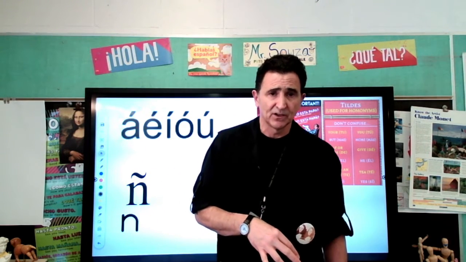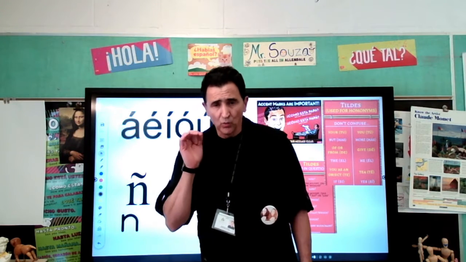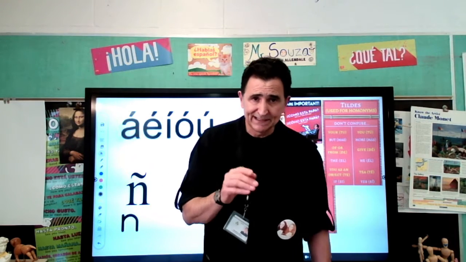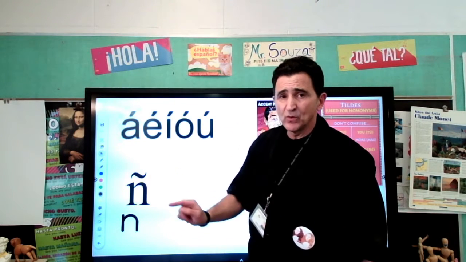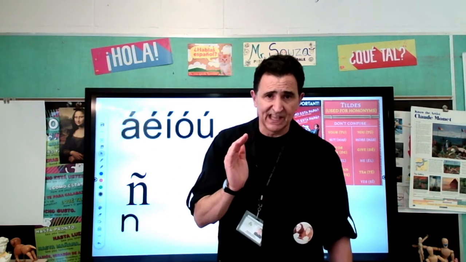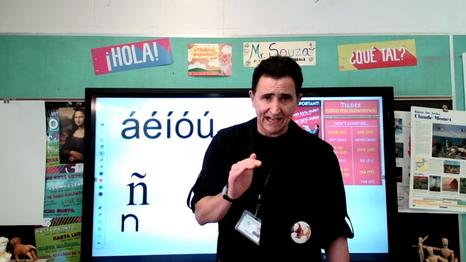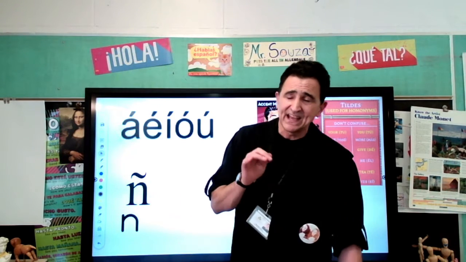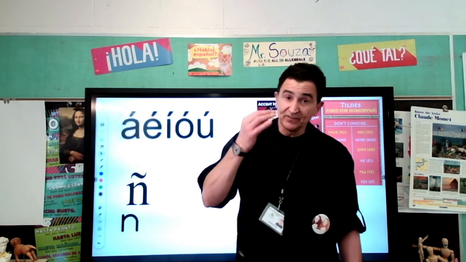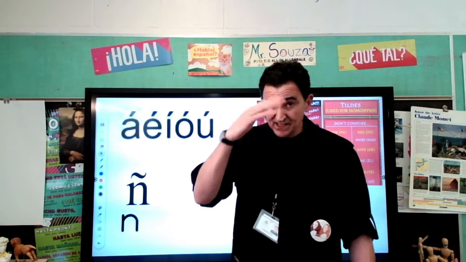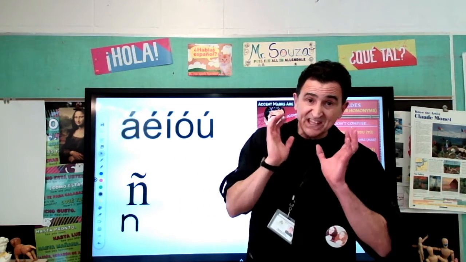When you're writing the ñ, it should have a little wavy line on top, because it's not an accent. It's called a virgulilla. The virgulilla, that little wavy line on top, is part of the ñ only.